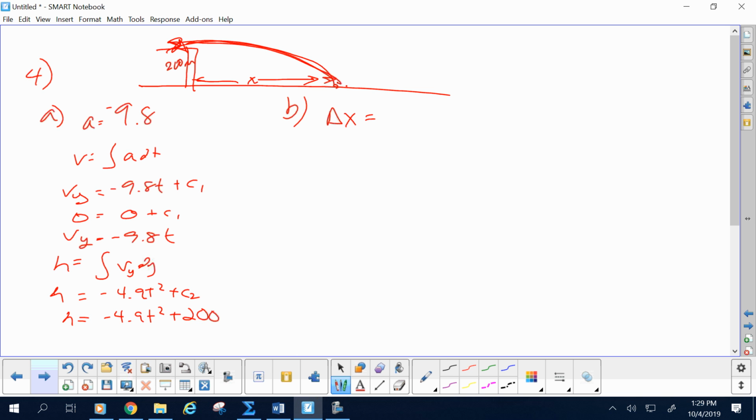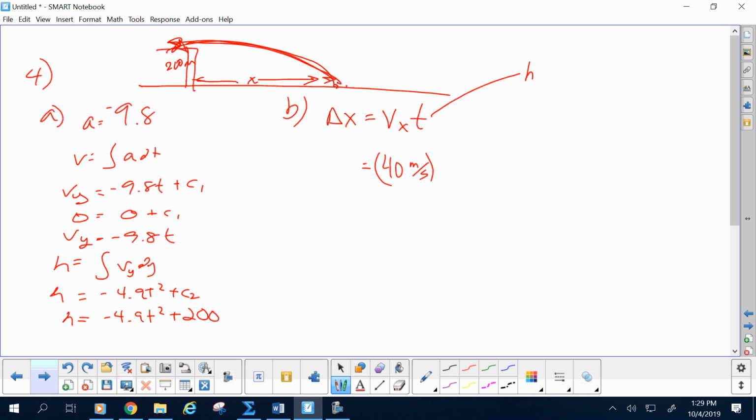So I'm feeling something like the velocity in the x direction times the time it was in the air. Yeah? I think they tell you the velocity in the x direction is 40 meters per second. That's not hard. The hard part is we don't know how long it's in the air before it hits the ground.